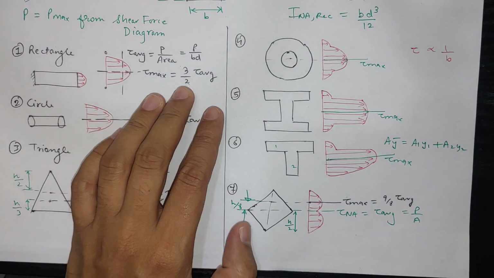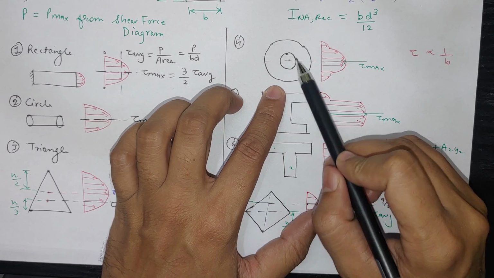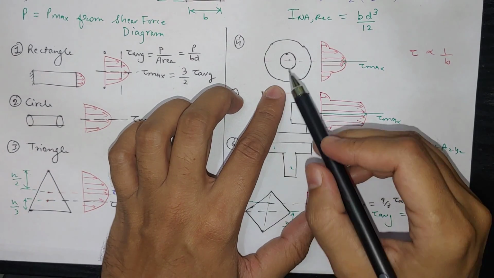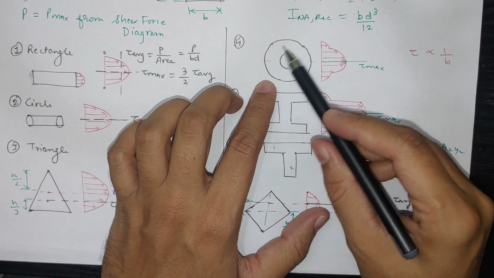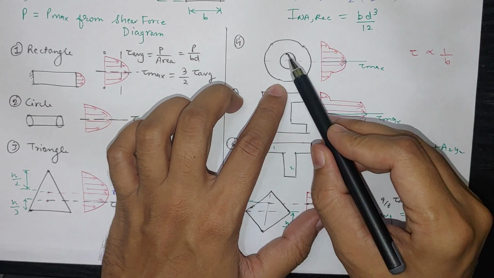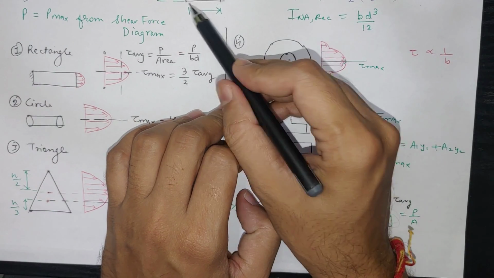Now for some other shapes, if we see, for circular shape where there is a hollow circular, this is the hollow cylindrical shape, this is the cross section of that. So you see, tau is proportional to 1 divided by width, this b value.